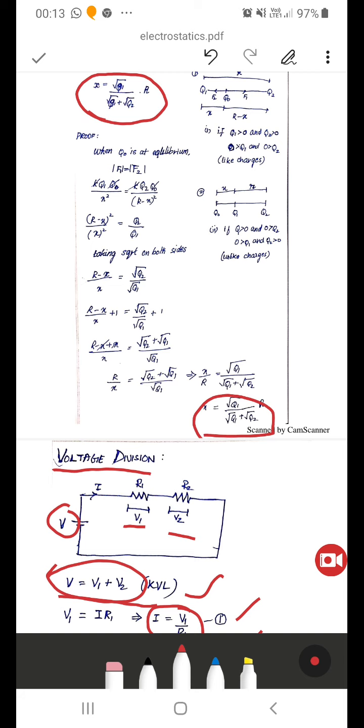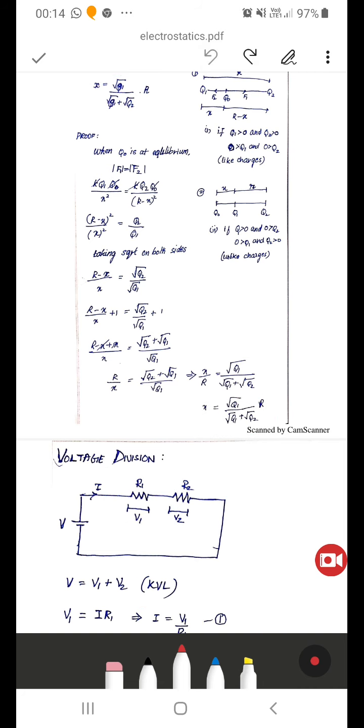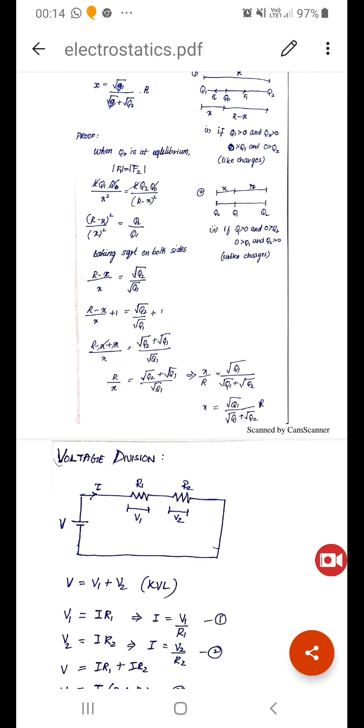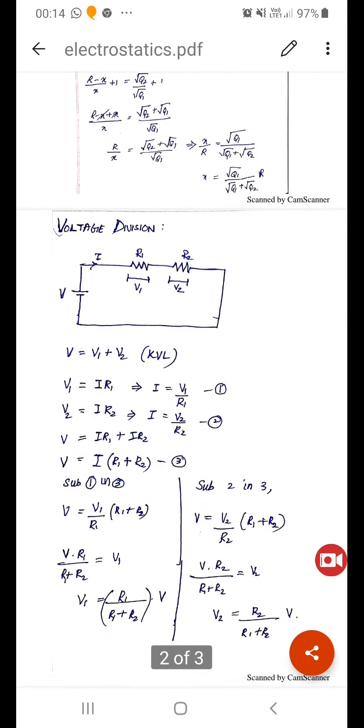Similarly, V1 is a part of V, and the charges q1 and q2 are similar to R1 and R2 in the voltage division. Hence, we can easily remember the two formulas.